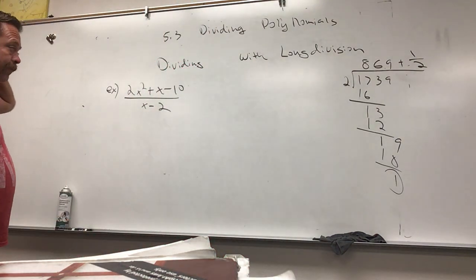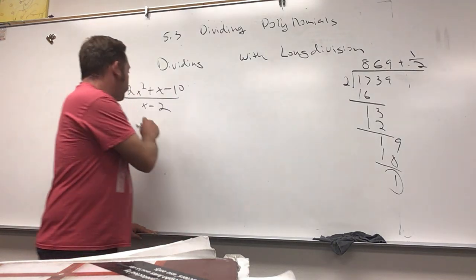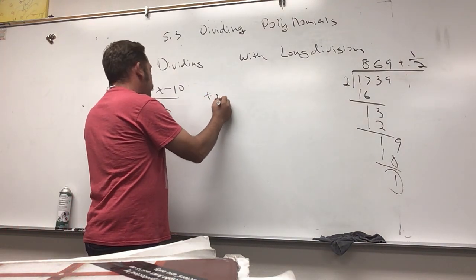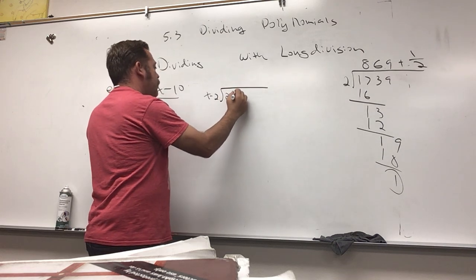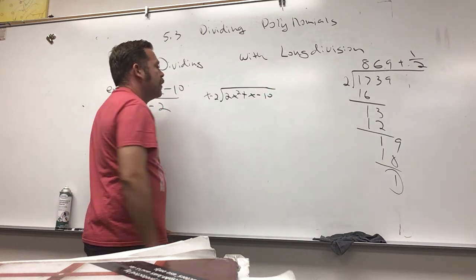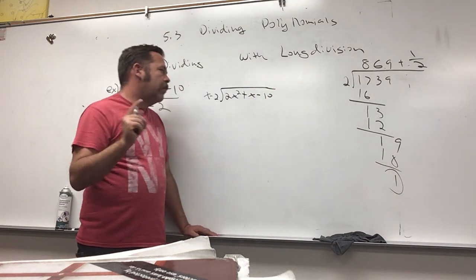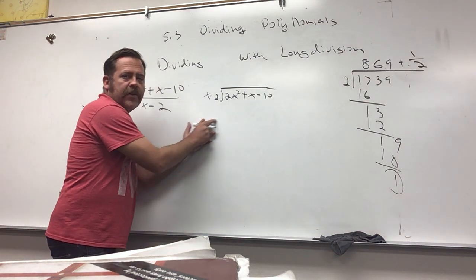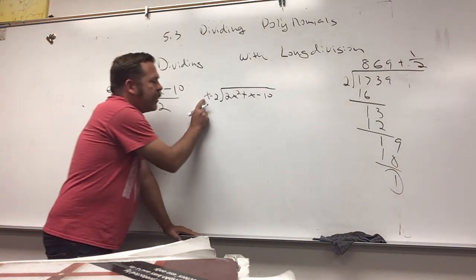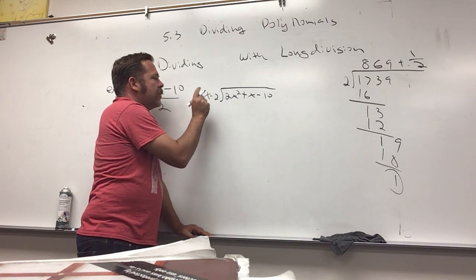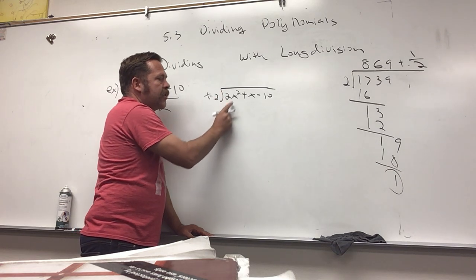So when I do this one, the first thing I'm going to do is write it in the long division form. I'm going to put x minus 2 into 2x squared plus x minus 10. Then we look at just this first term and see how many times x goes into 2x squared.